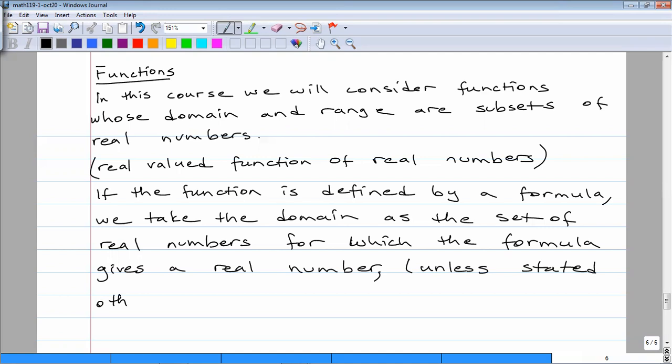Sometimes a formula is given together with a certain restriction on the variable. In this case, we need to consider the given restriction, but if nothing is stated, just the formula, then we take the domain for which the formula gives you a real number.